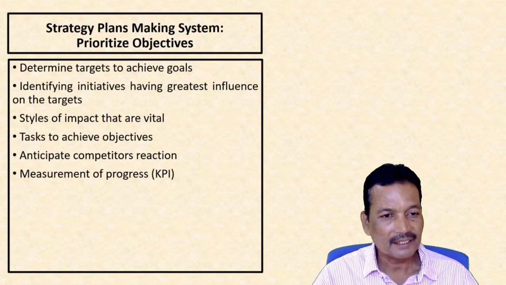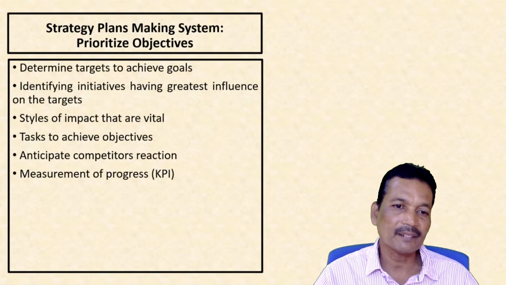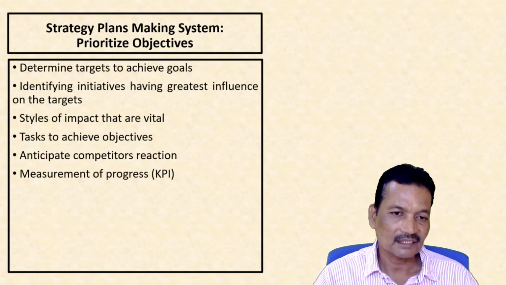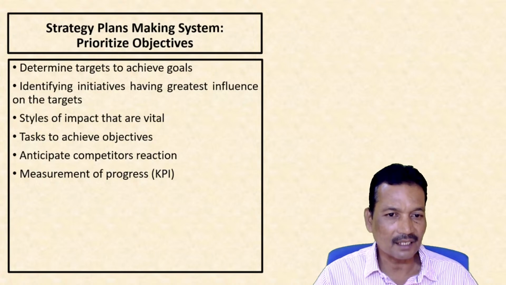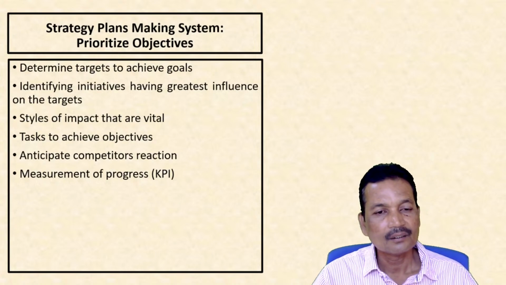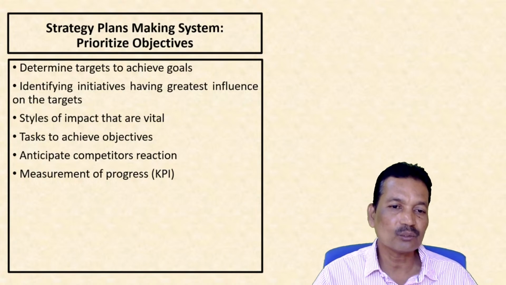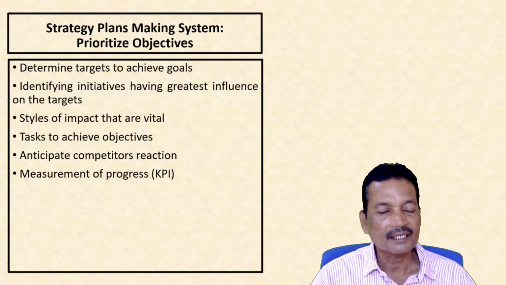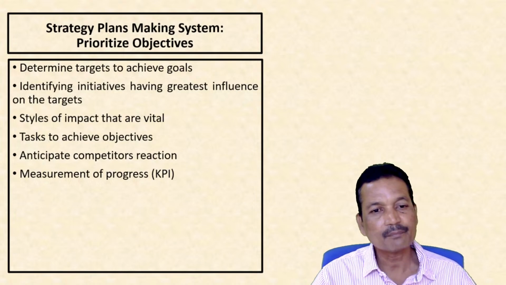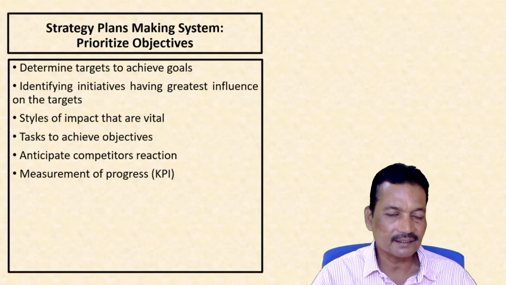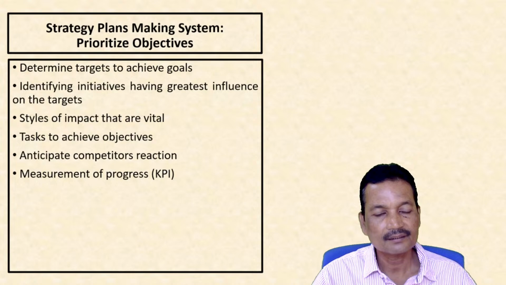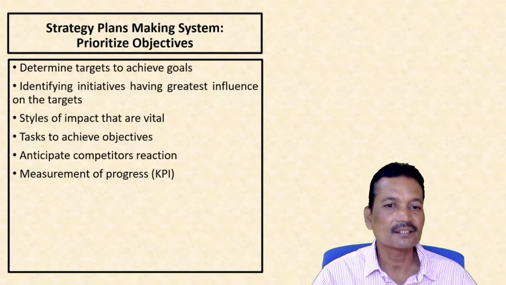Then, while making plans, we should have a measurement of progress. That means various tools and techniques that will help us to measure the progress of the tasks so that we can be assured that we are moving towards our objective in right time and in proper manner. Now, here in measurement of progress, we have some main indicators called key performance indicators, KPI.